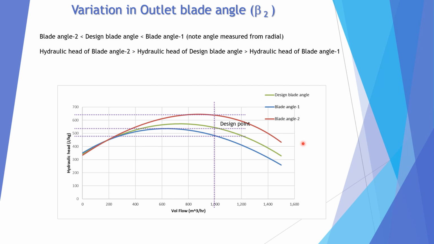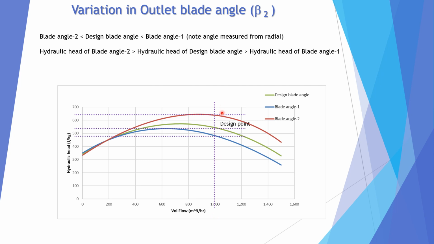the red line, which is angle beta 2 and has a lesser blade angle than the design, will produce larger hydraulic head, and the blue line, which is blade beta 1 and has a larger blade angle than the design blade angle, will produce lesser hydraulic head for the particular flow.